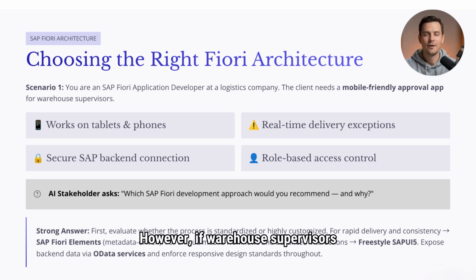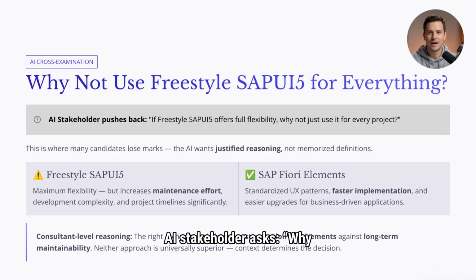However, if warehouse supervisors require highly customized workflows, advanced interactions, or unique mobile behaviors, I would choose Freestyle SAP UI5 development. I would also expose backend business data using OData services and ensure responsive design standards are followed for cross-device compatibility. AI stakeholder asks, why not use only Freestyle SAP UI5 for everything?